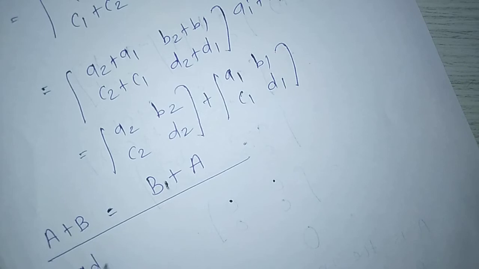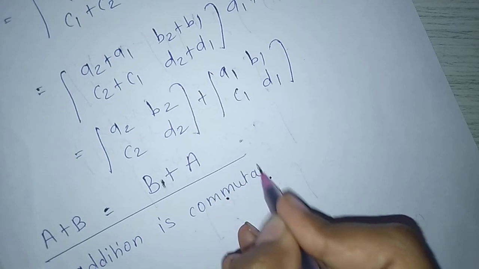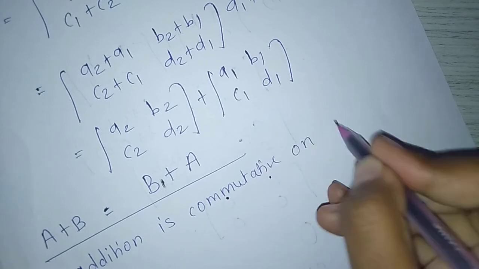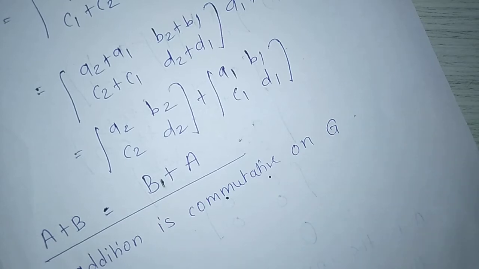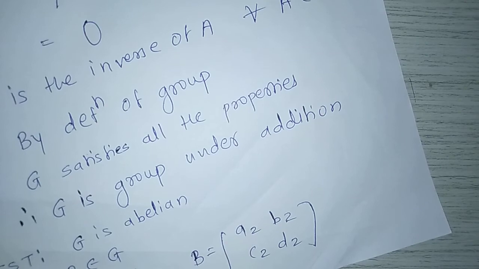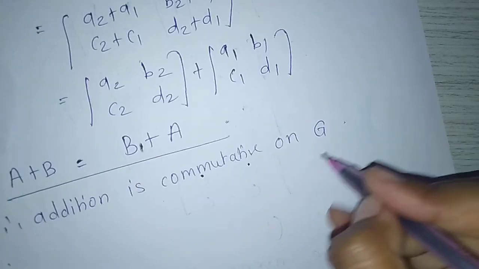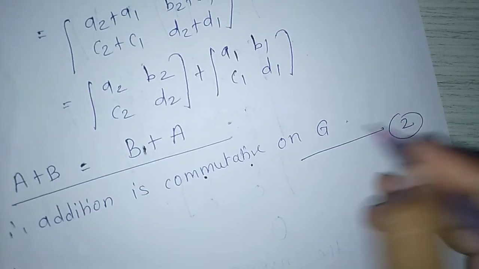Therefore, addition is commutative on G. Therefore, G is a group under addition as equation number 1, and addition is commutative on G as equation number 2.